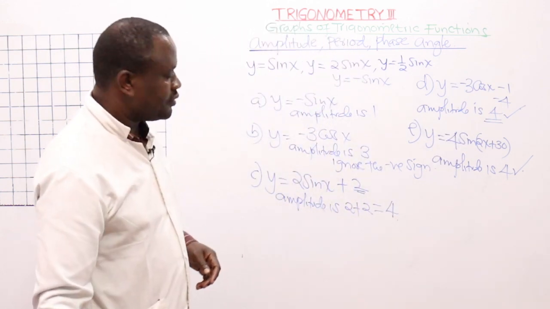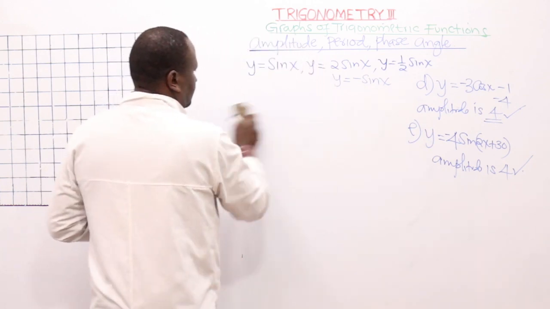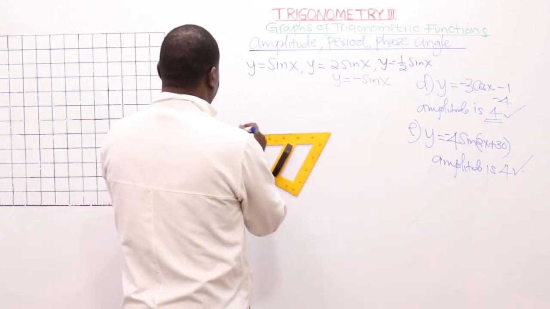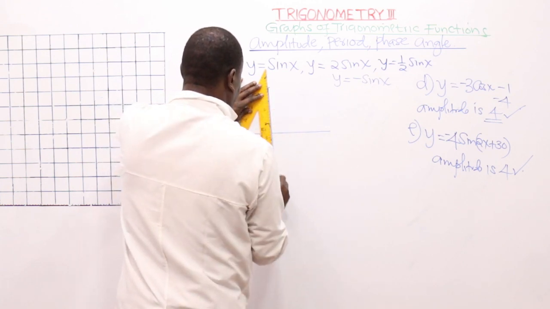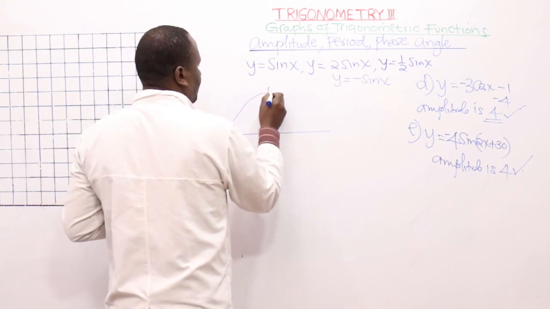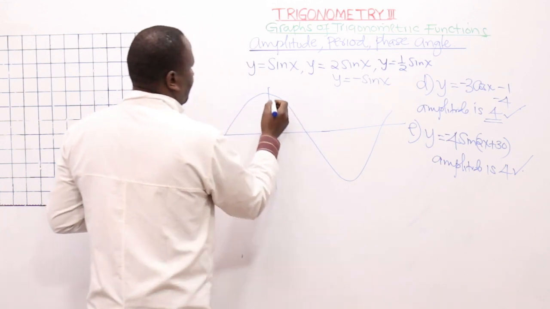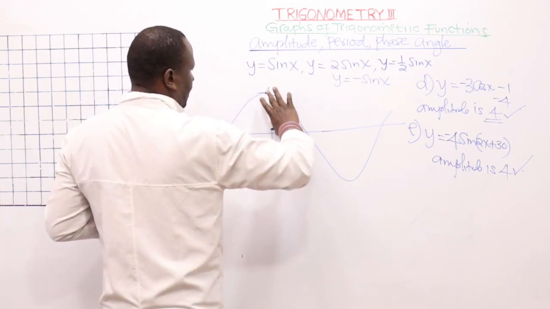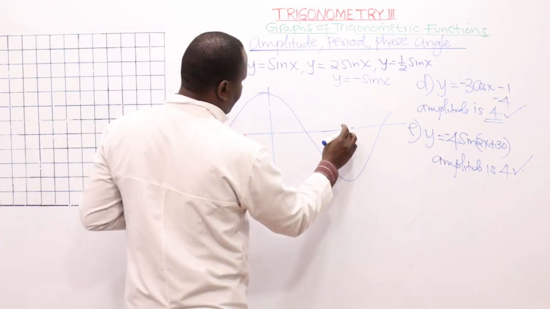So what is the amplitude, therefore? The amplitude, if you have drawn your graph and it's a wave, is the highest value along the x-axis, from here to there, or from here to here.